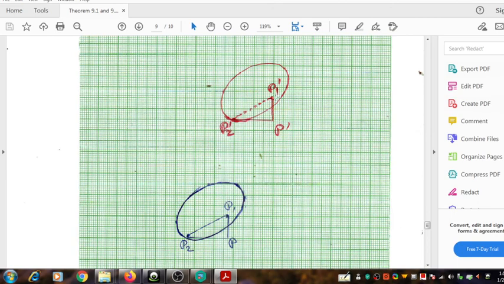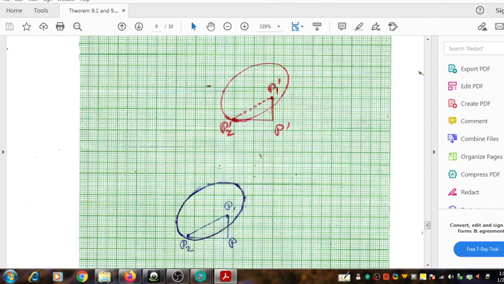It's because of the nature of the points P1 prime and P2 prime: they are lattice points, so their coordinates are all integers. As a result, the distance is always expressed as the difference of the coordinates.